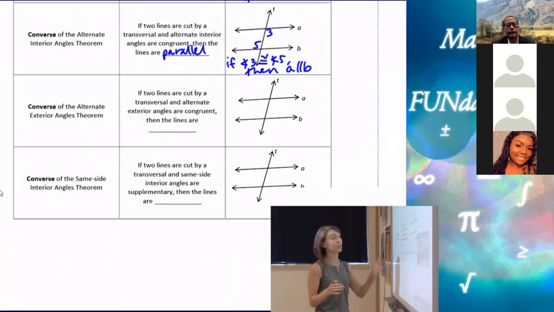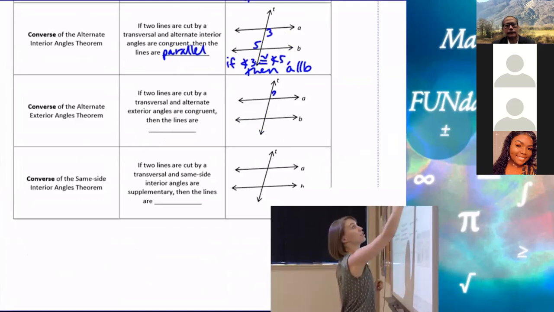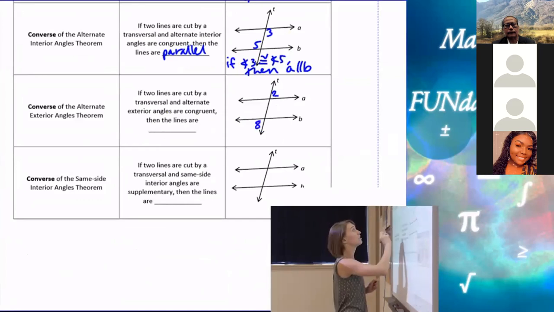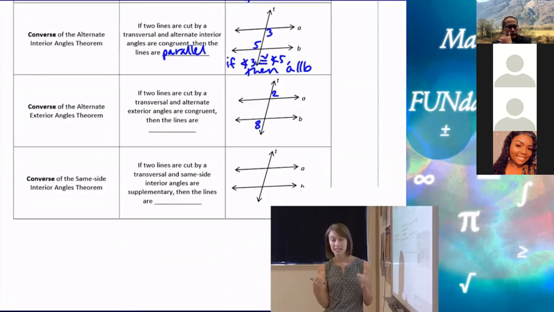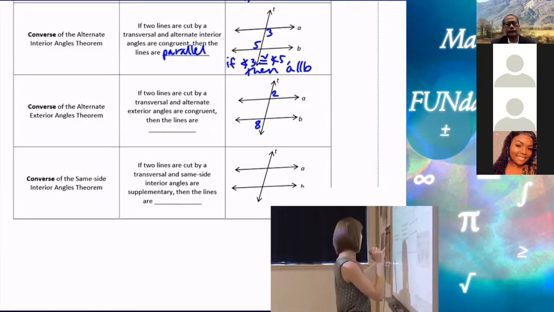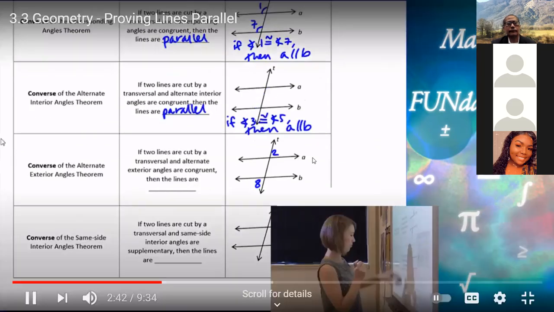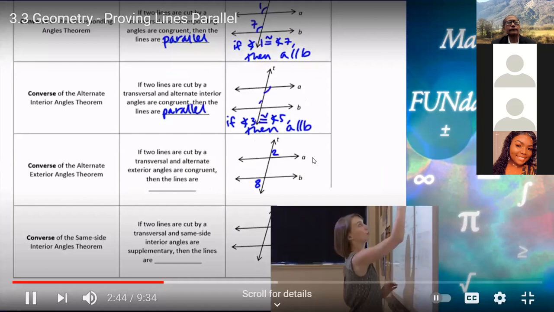Converse of the alternate exterior angles theorem. All right, let's look at two exterior angles, 2 and 8. So if I have two lines, A and B, cut by a transversal, and alternate exterior angles are congruent. Oops, I forgot to mark my angles congruent in the last example. So let's mark those two angles congruent, 3 and 5.